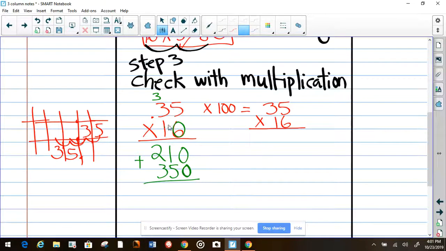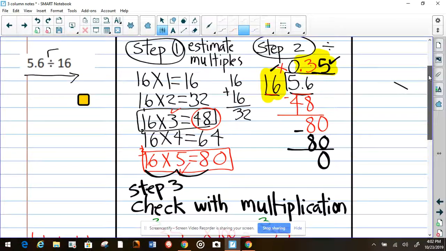We say 1 times 5 equals 5 and 1 times 3 equals 3. And the product is 560. This should be the same thing. 6 times 5 equals 30, carry 3 over, 6 times 3 equals 18 plus 3 equals 21, and 10 times 35 equals 350. And again, the total will be the same.